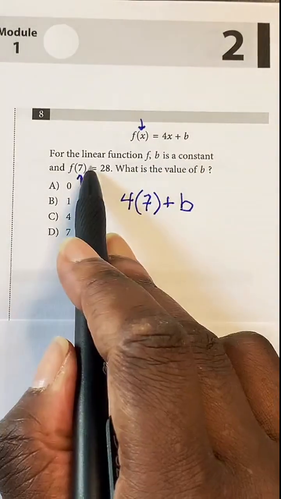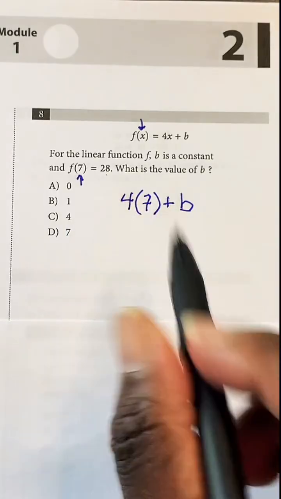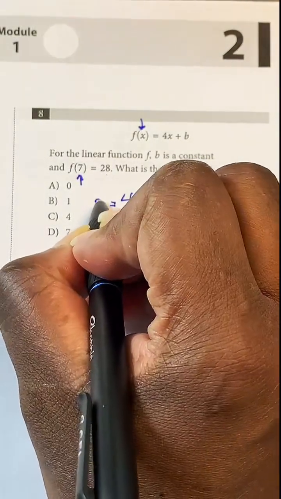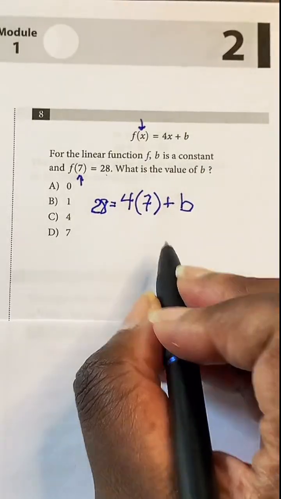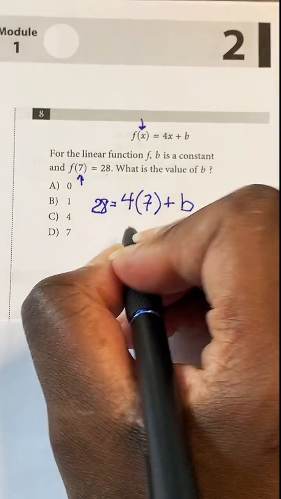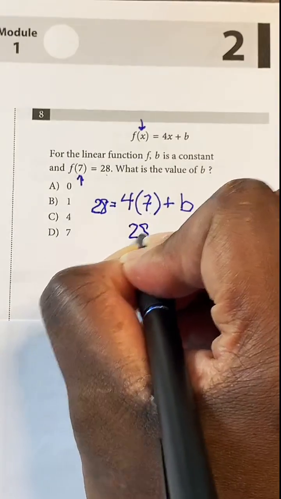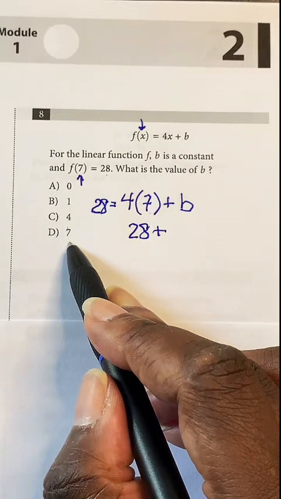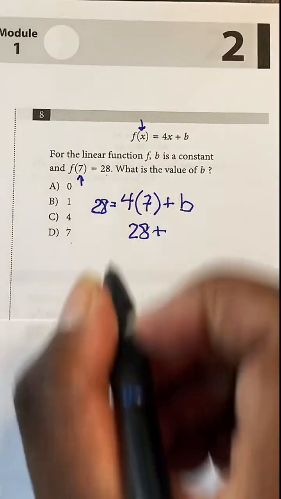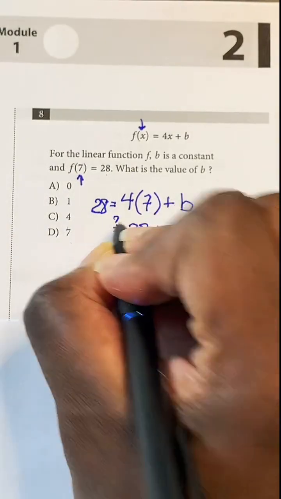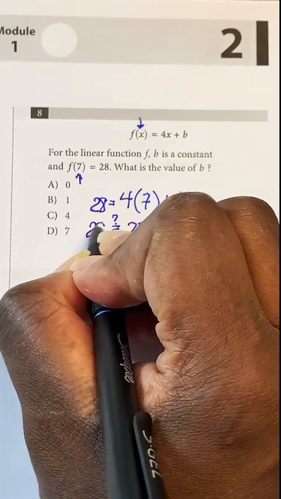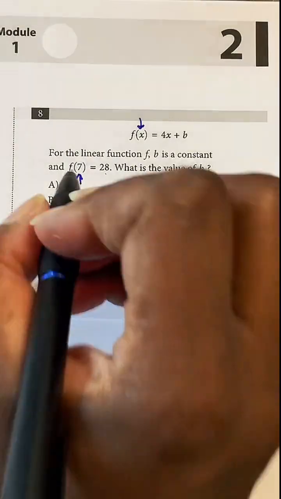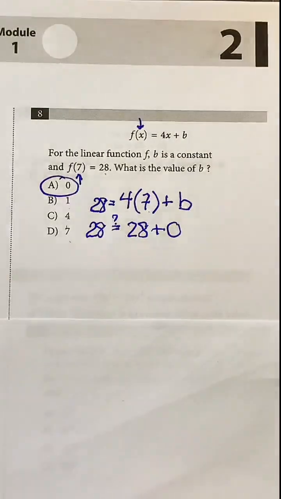And they're saying that f of 7 equals 28, so this equation has to equal 28. Well, 4 times 7 equals 28. And we want to know which of these numbers, if I add it to this 28, will equal this 28. If I don't add anything to it, it's going to be exactly the same. That's why my answer is A.